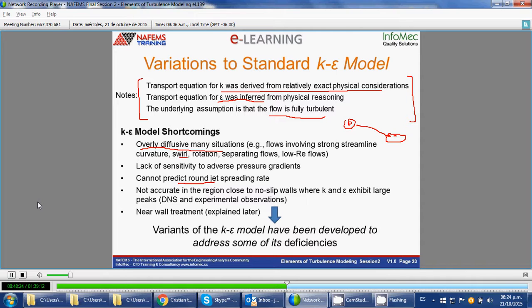And near the wall, we talked about either we have to do wall function or wall integration and so forth. We had to do something different. So because of these problems, people came up with different variations of k epsilon to respond to these deficiencies.